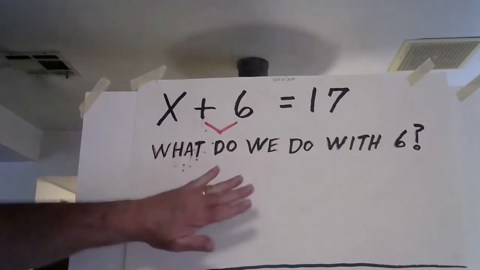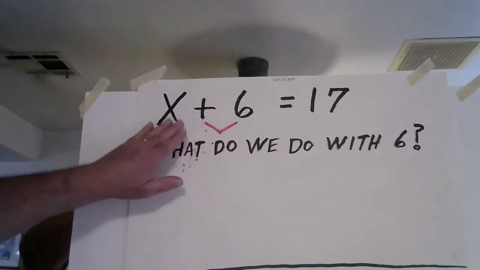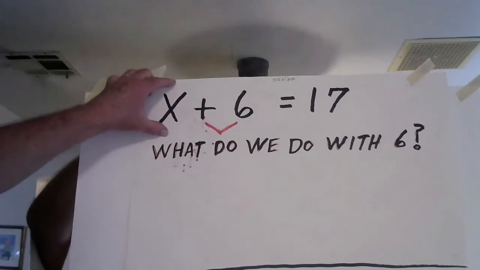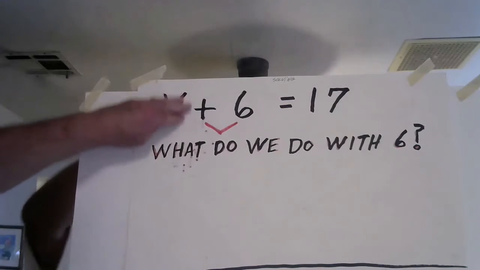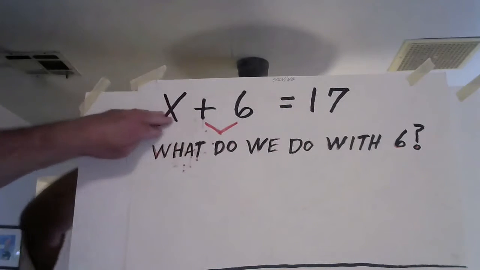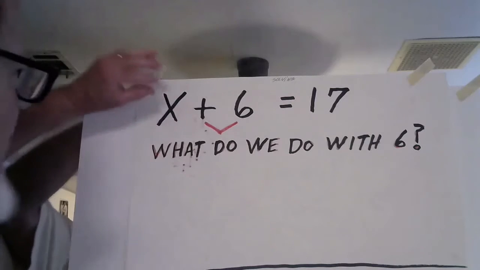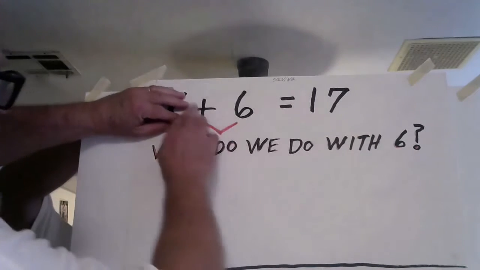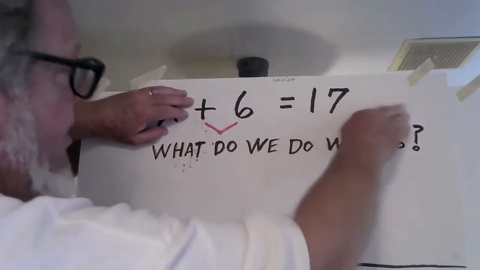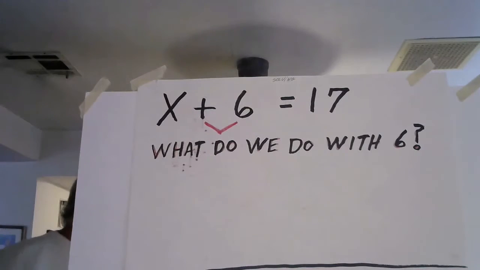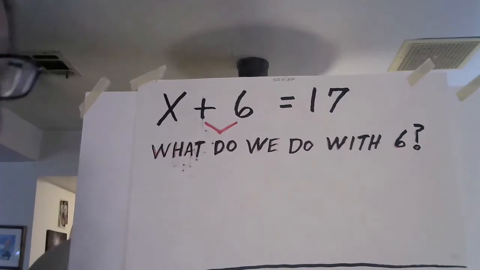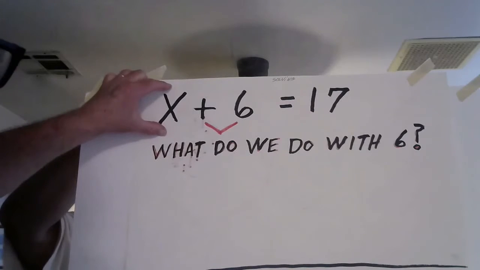The secret to finding out what x is is we have to isolate the variable. It's like the variable is sick, and we want the variable on one side of the equation and everything else on the other side. That's how you solve an algebra problem, by isolating the variable on one side of the equal sign.